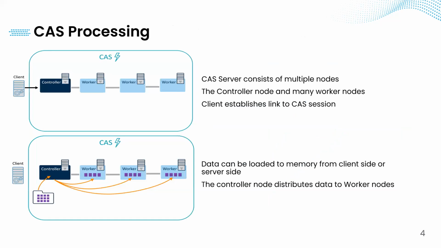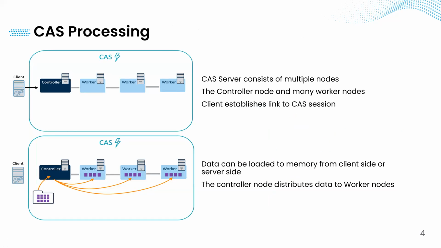So just to continue the review, we'll have a quick look at the CAS processing. The CAS server has multiple nodes. It's got a controller node and worker nodes. The client establishes a link to the CAS session. Then data gets loaded into memory from the client side or the server side.